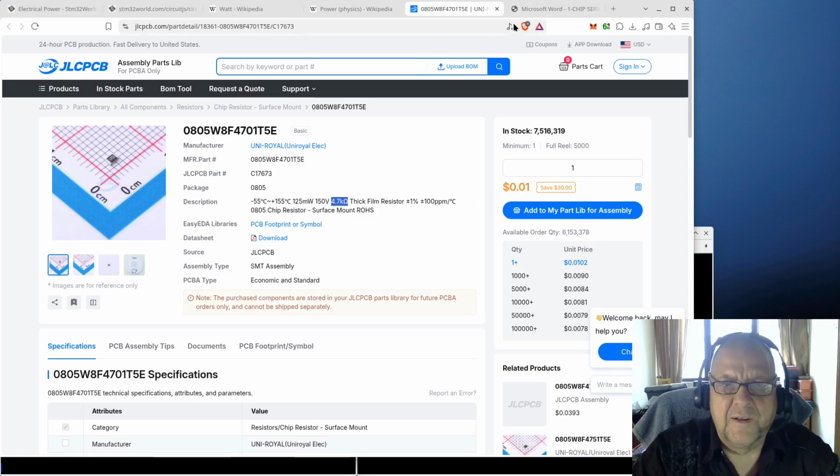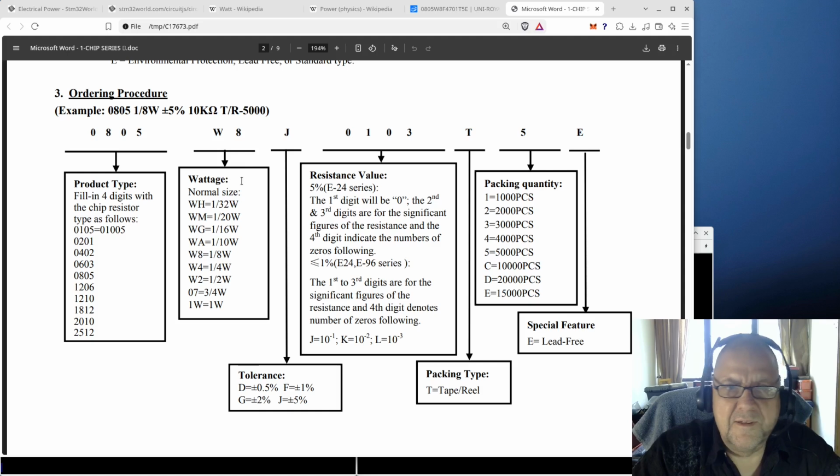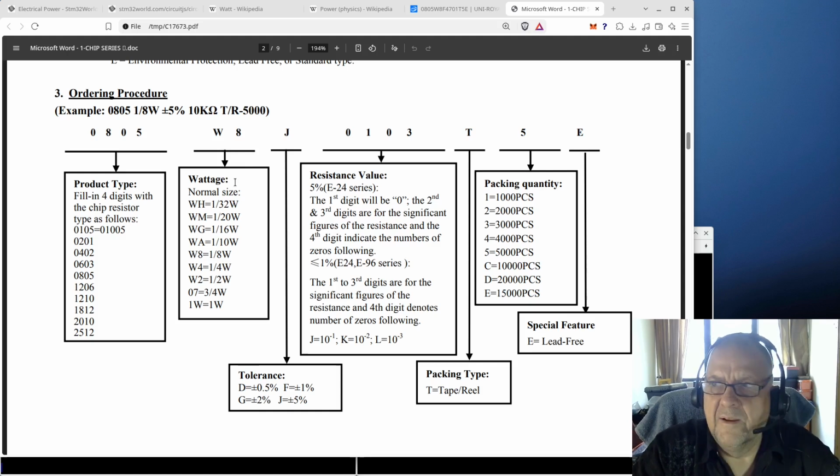If we go in and look at the datasheet, you can see that these chip resistors exist in various sizes. So you can have 0603, which is what I usually use, or 0402, which is so tiny you can barely see it. 0805 is actually a relatively big SMD resistor, but you can see over here you have the wattage, or the amount of power that it can dissipate without getting too hot, without blowing up.